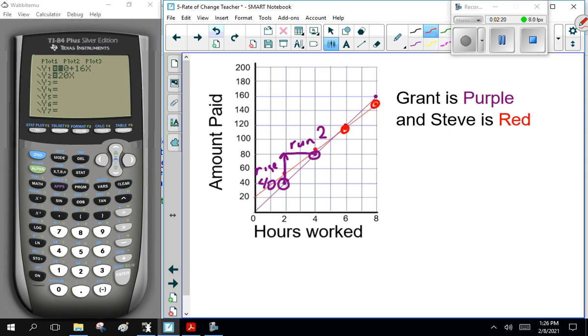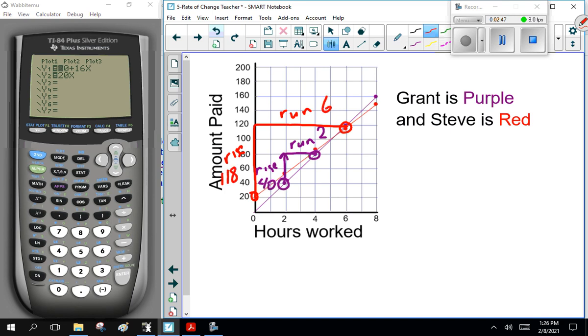I will point out a nicer one right here. He starts at 20. Is there another point that's kind of close? Oh, this one. So the rise is from 20 to almost 120, like 118, and the run's like 6 hours.